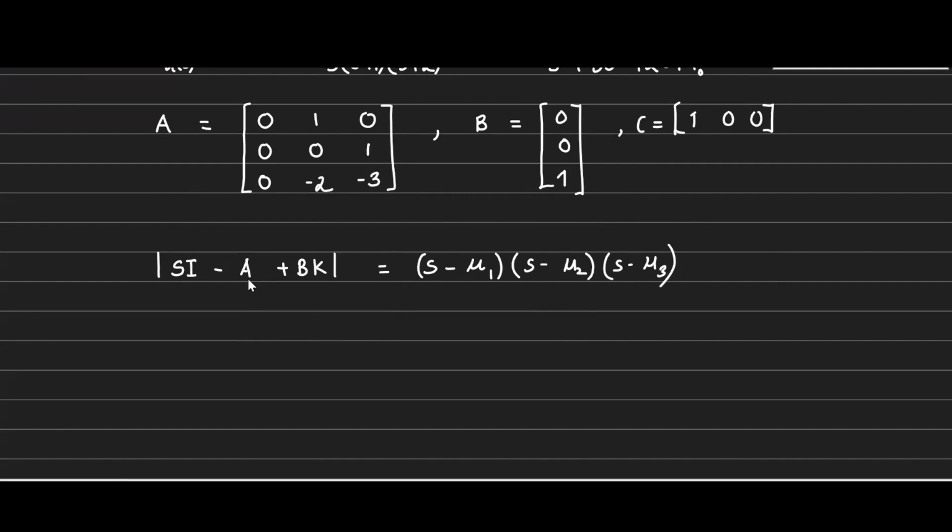So this closed loop characteristic equation must be equal to the closed loop characteristic equation where you're given the poles already. So we have to make this comparison here.